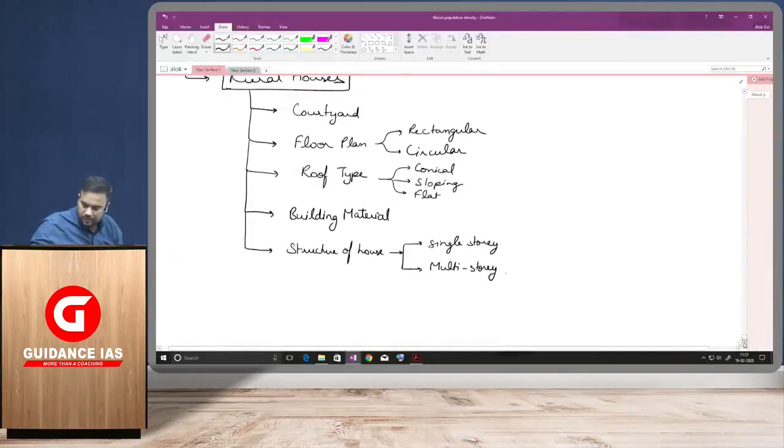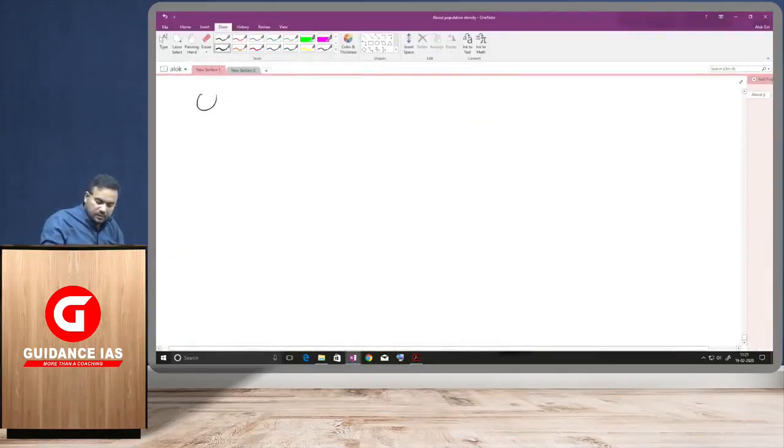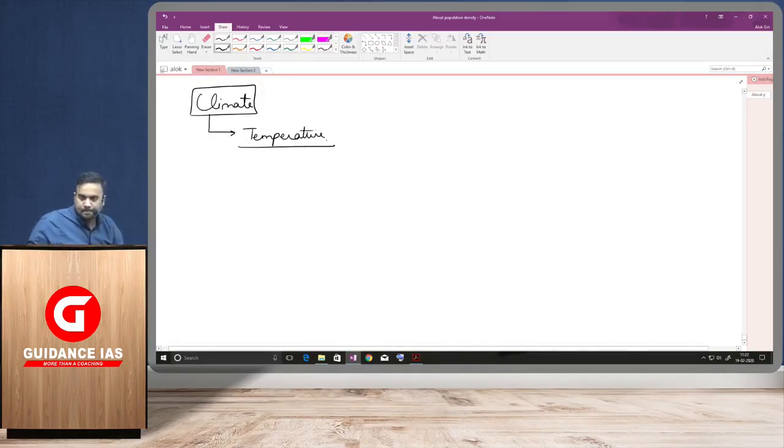So एक एक करके बात करते हैं. सबसे पहले है climate. And climate में भी I can take up different factors, like I can include temperature. So India is basically what? India is a tropical humid country.